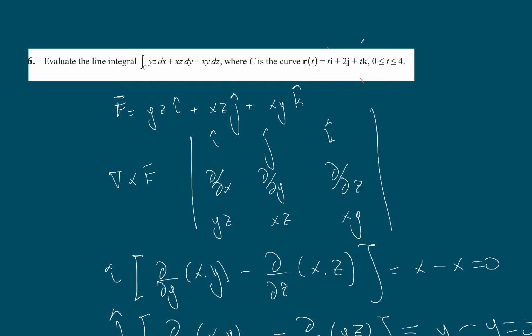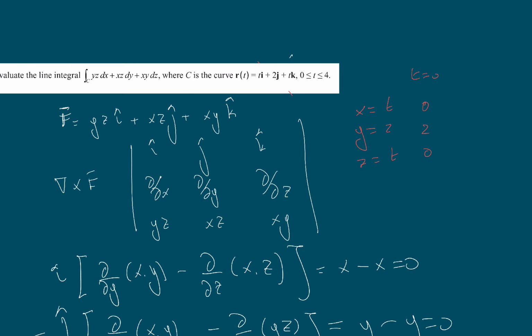Because x is t, y is 2, and z is t, when t equals 0 the point is (0, 2, 0).